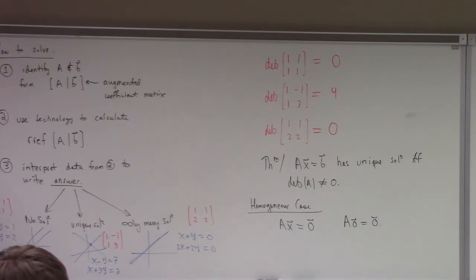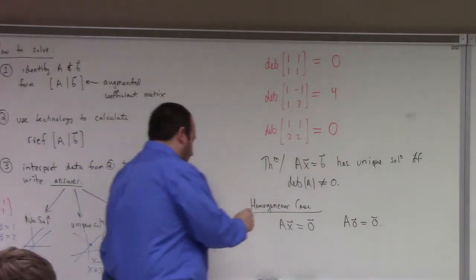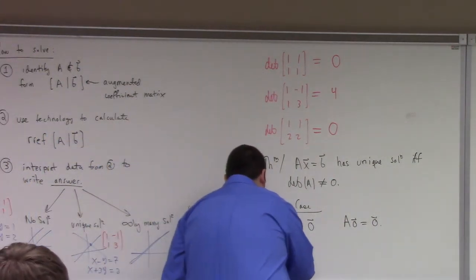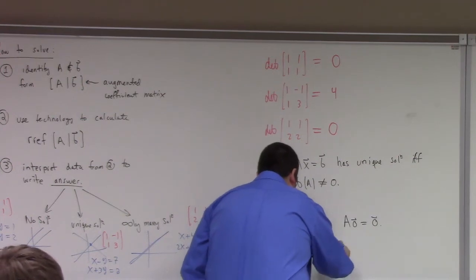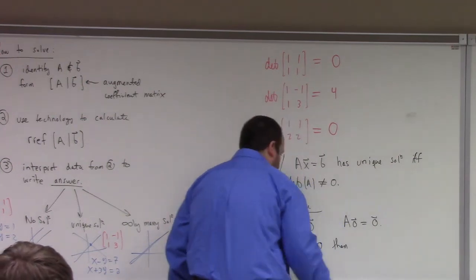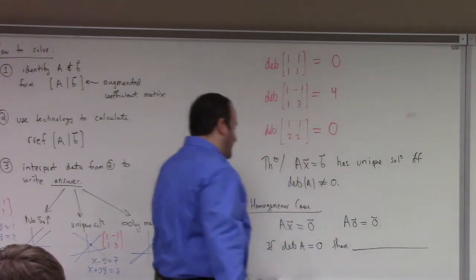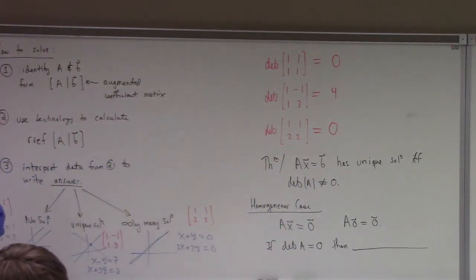So what does it mean if the determinant of A is equal to 0? Fill in the blank. What does that force us to say about this homogeneous system? It has more than one solution, so it has infinitely many.